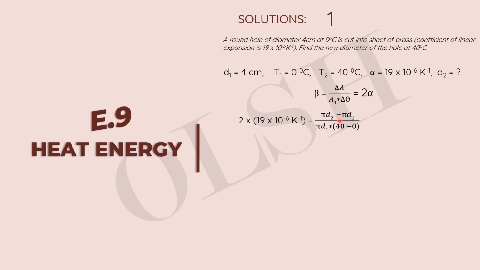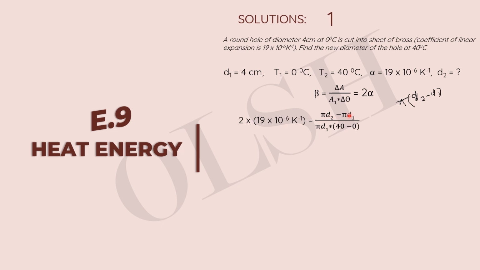I'm sure you know that the hole is a circle, and the area of a circle is pi r squared, or pi d squared over 4. So we factor out pi from the numerator, giving pi times the bracket d2 minus d1.